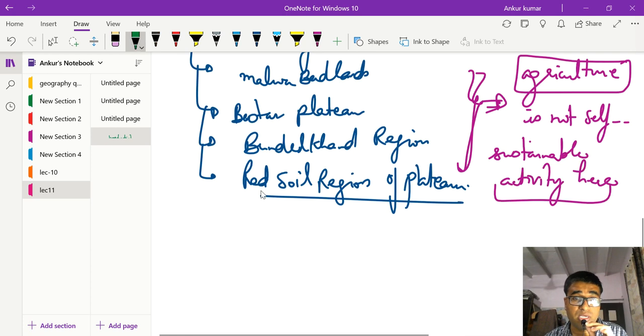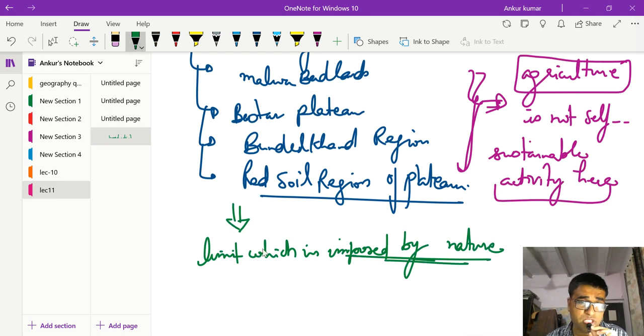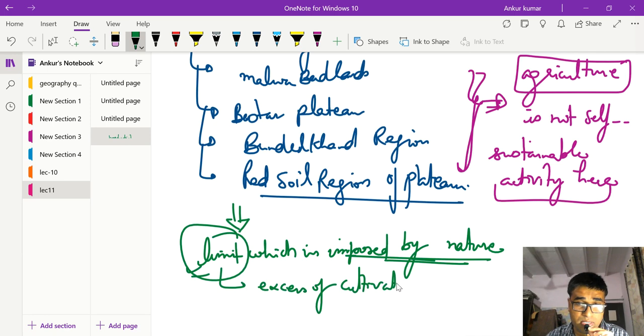The solution is very simple. The limit which is imposed by nature in the form of natural resources, this limit must be adhered to, and excess cultivation must not be done here.